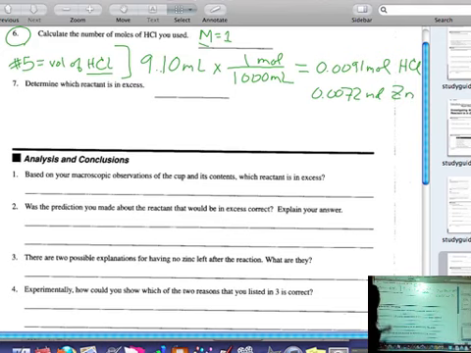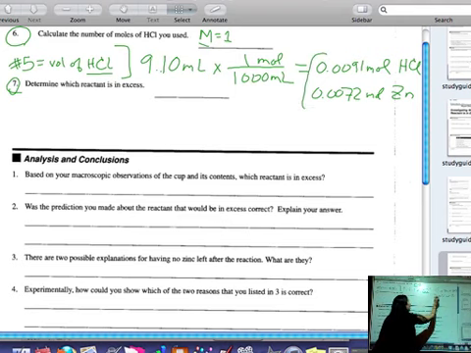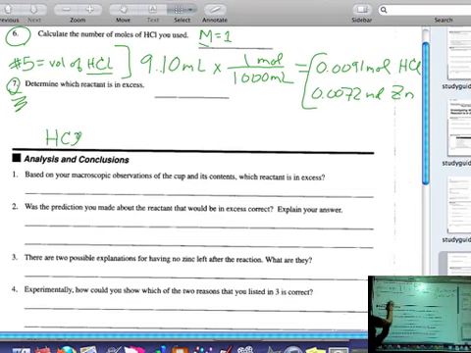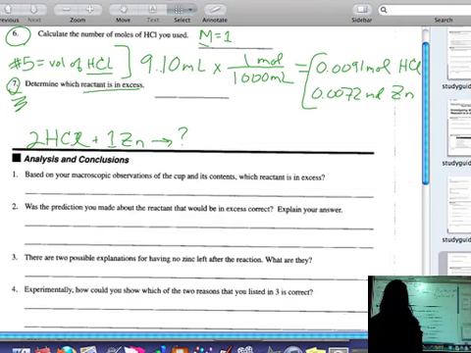You need both of these numbers to figure out the answer for number 7. Which reactant is in excess? If you know that you need 2 HCl's for every 1 zinc, which is in excess? Okay? And that's the last question for calculation.